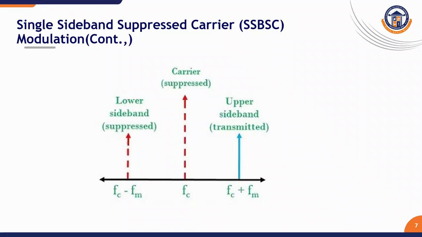So here is the SSB-SC signal. Here the carrier and the lower or upper sideband are suppressed, and only one sideband, of frequency either FC minus FM or FC plus FM, is transmitted. The spectrum of an SSB-SC signal contains only one sideband.